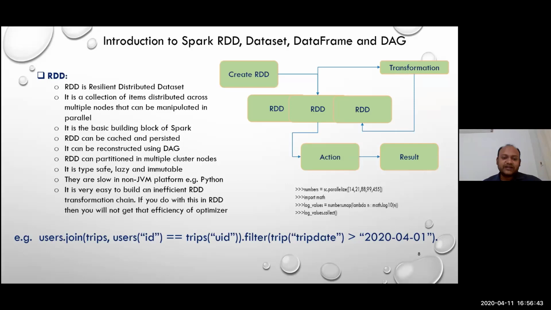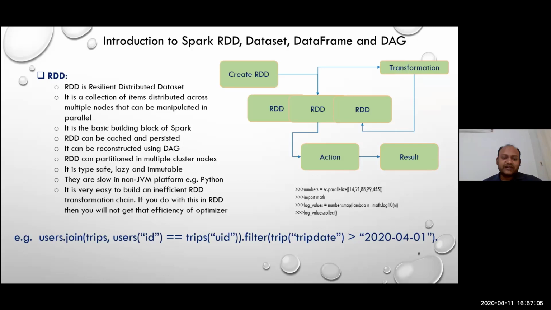But we want to see the data which is after 1st April, right? So we are joining the two datasets first, and we are filtering using the trip date in the trip table. What's wrong in these operations?